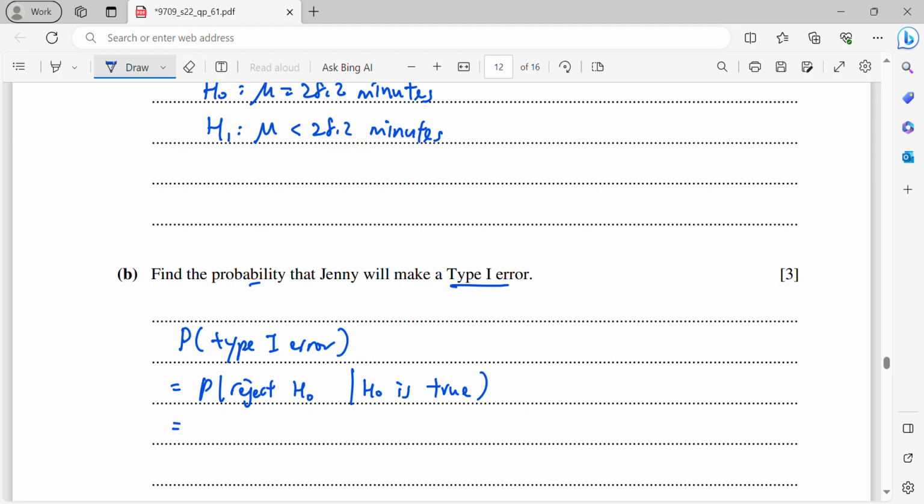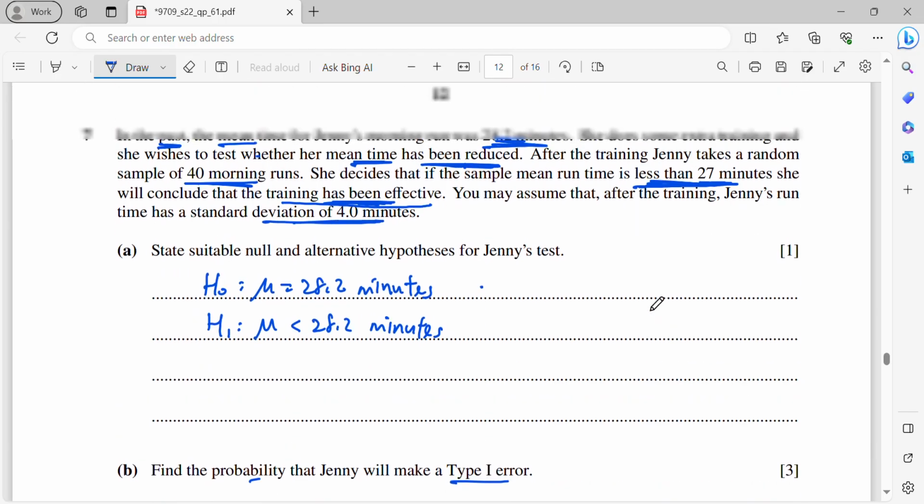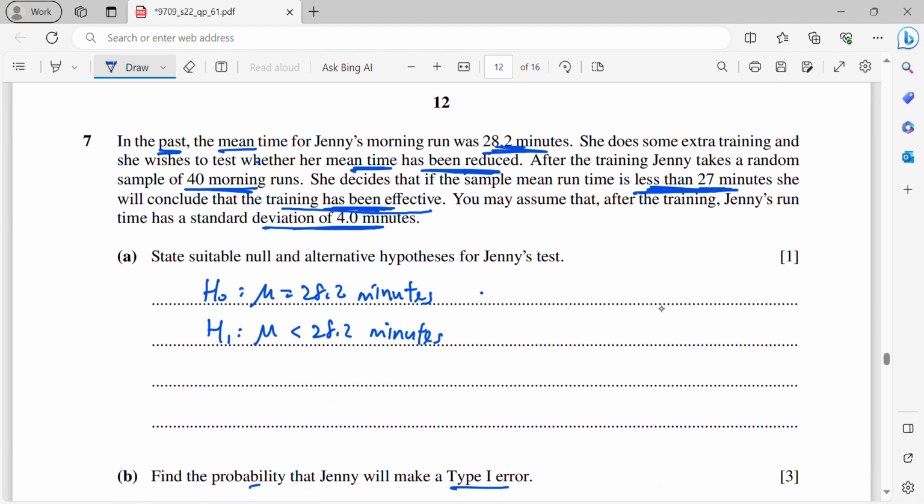When it is less than 27 minutes, it has been effective, meaning that it is reduced. So when we reject H naught, it will be x bar less than 27, because rejecting H naught means that you support the time has been reduced.